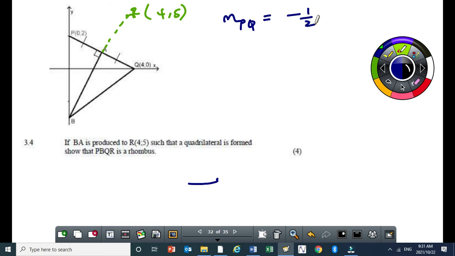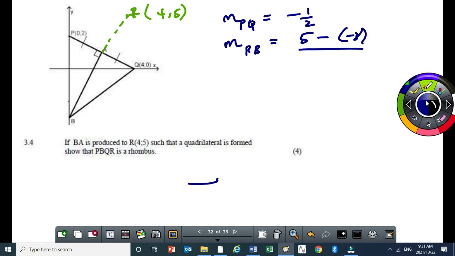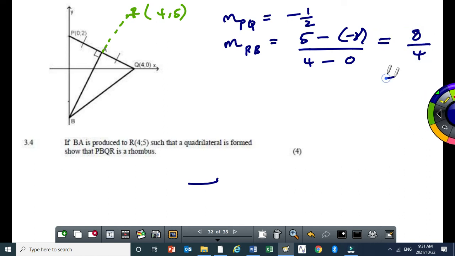Then the gradient of MRB is going to be equal to, I can write it as 5 minus, remember I got the value of c there, it was negative 3, divided by 4 minus 0. That will give me 8 over 4, which is 2. So MPQ times MRB is equal to minus 1.